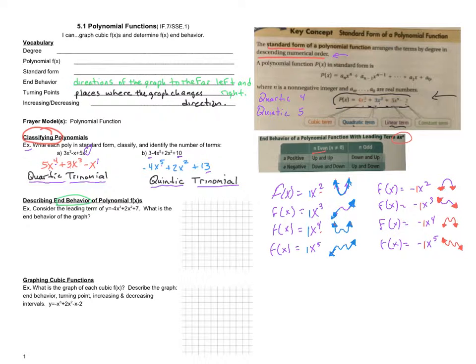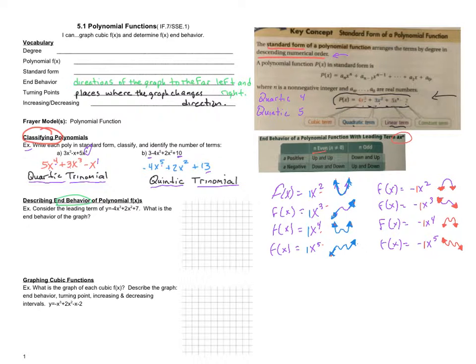And then when n is odd, that would be our 3 and 5, 3 and 5 are odd numbers, and a is positive, it is going to be going down, up. And then when a is negative, it is going to be going up, down. And that is the end behavior based on the leading term of an equation.